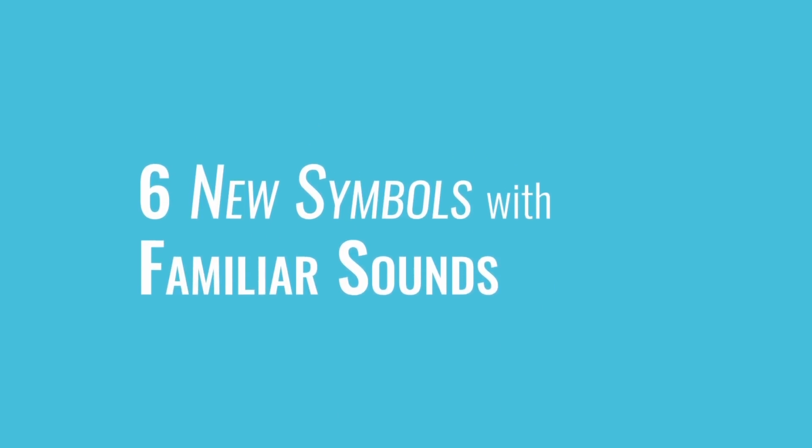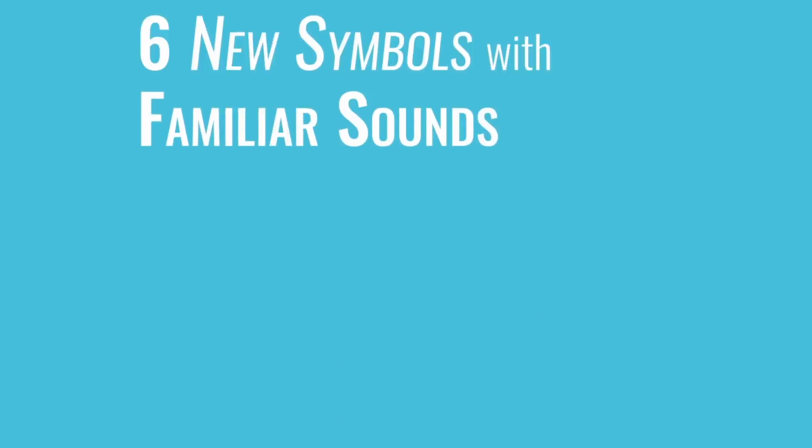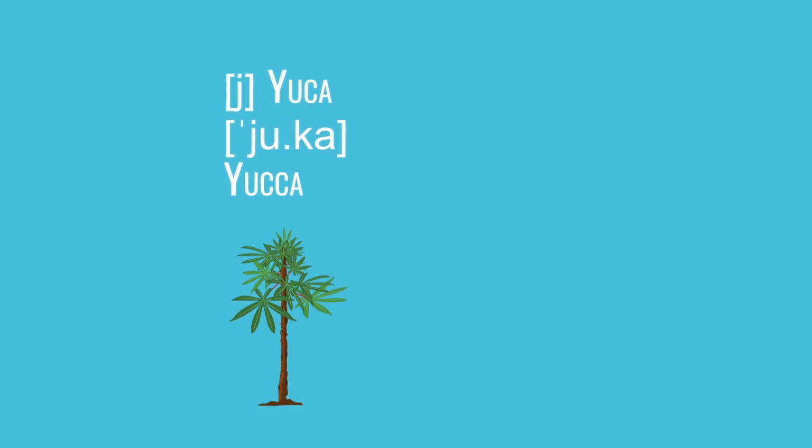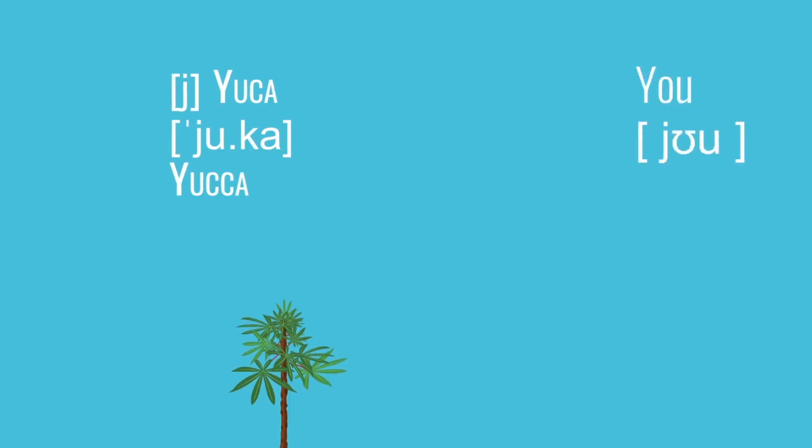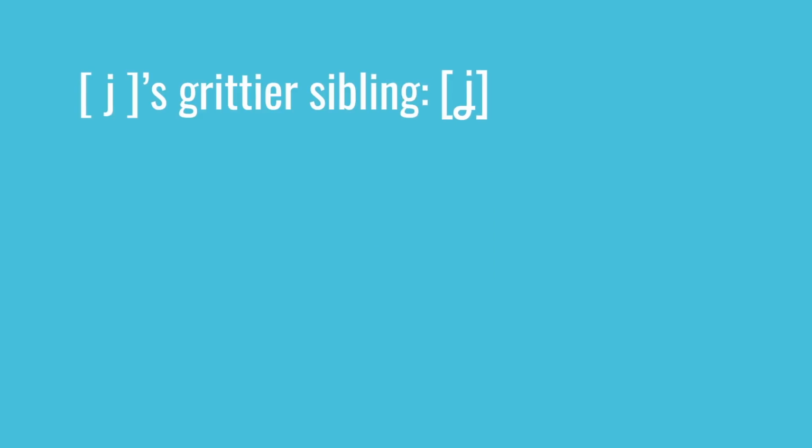Next, we're going to cover 6 new symbols with mostly familiar sounds. The symbol, which looks like a lowercase j, is Spanish's y, as in yuca, or English's u. Now, what complicates this story is that there is another version of this symbol, which looks like a J with a little curly tail at the end. That sound is basically the familiar English y sound, with a bit more grit to it.